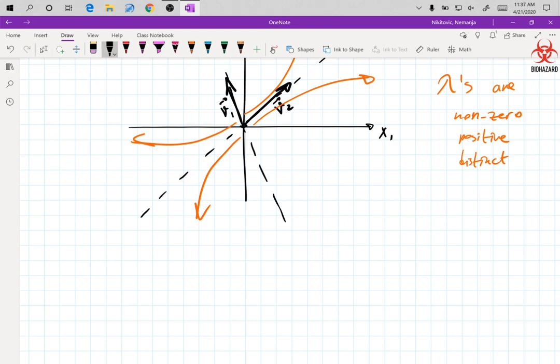And then we get to the situation where we do have one of them to be zero and one of them to be positive, one of them to be negative. Negative and zero, and then positive and zero.